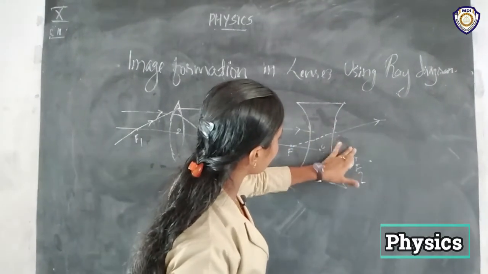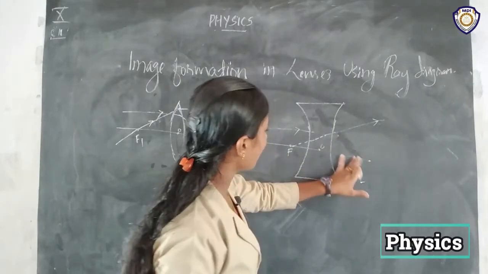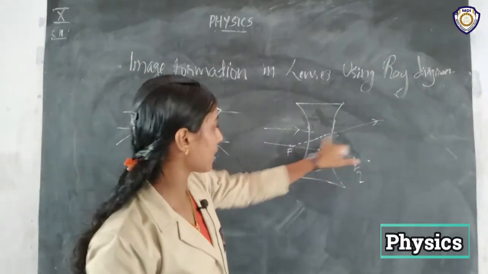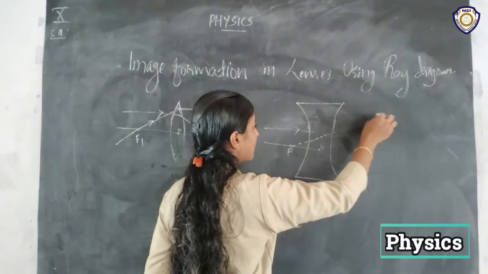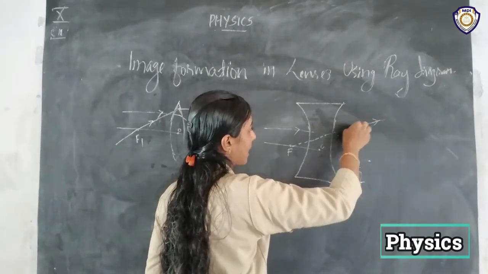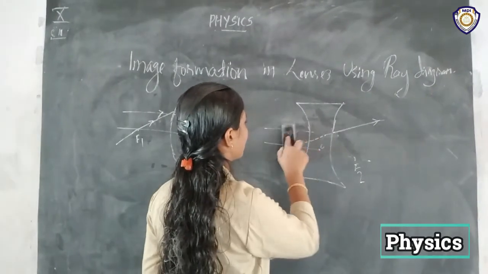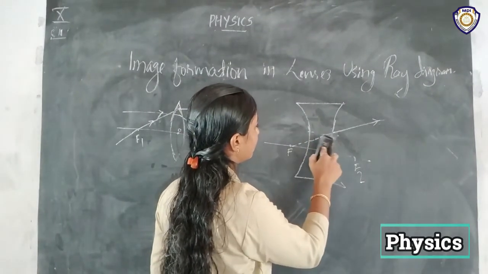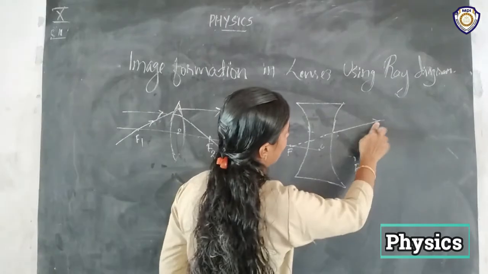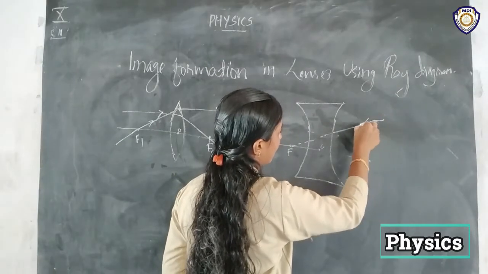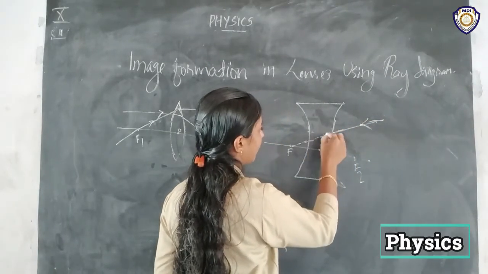So we can see from here also, right? In the case, if the light ray hits like this, or if the light ray is incident like this, then what happens?